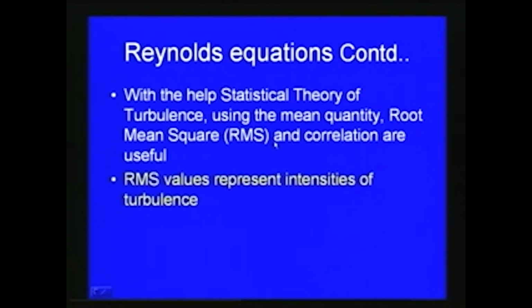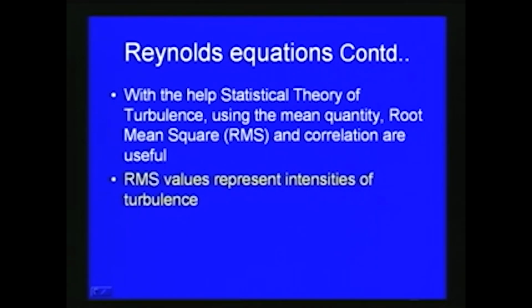So, statistical theory is one of the fundamental theories used for turbulent flow solutions. Solutions means we want to find the velocity and pressure components at any particular time step and at any particular point which we consider.